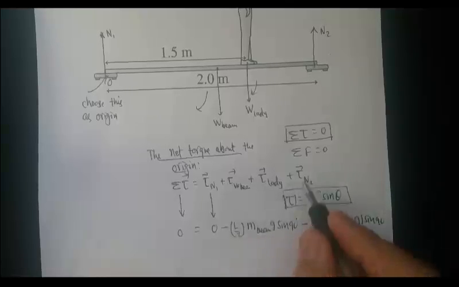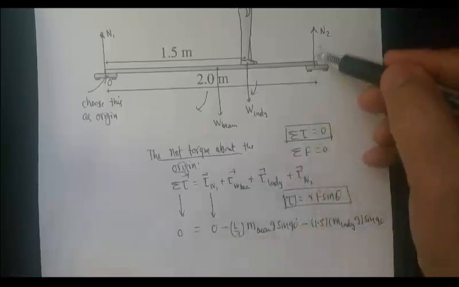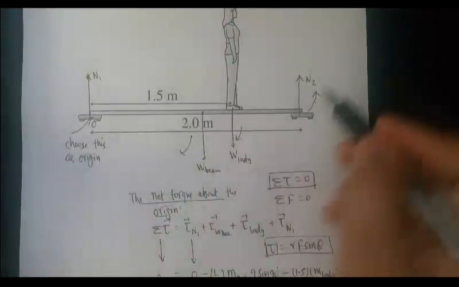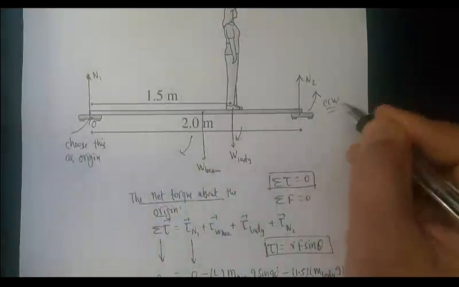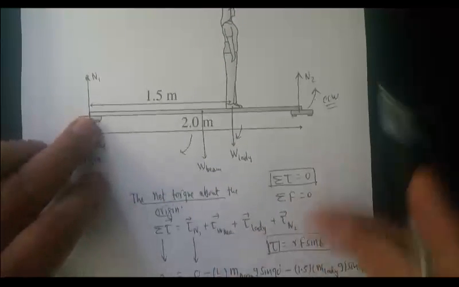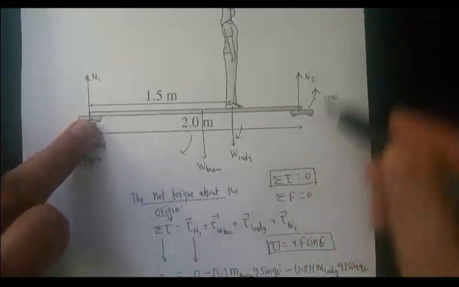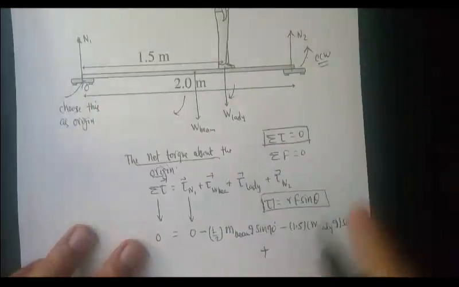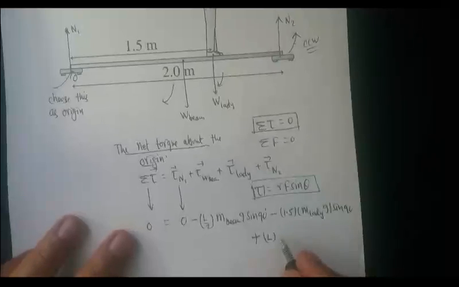Finally, the torque produced by the second normal force produces counterclockwise torque about this origin. So that's why this is plus, at the distance of L, the whole distance.